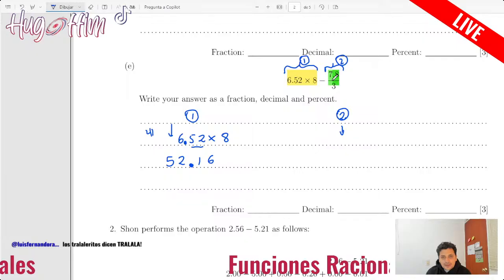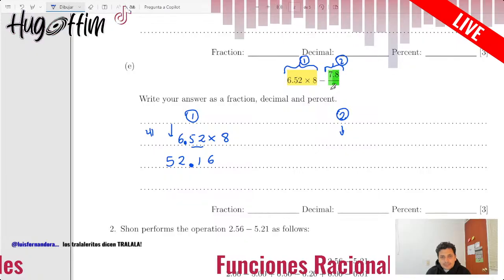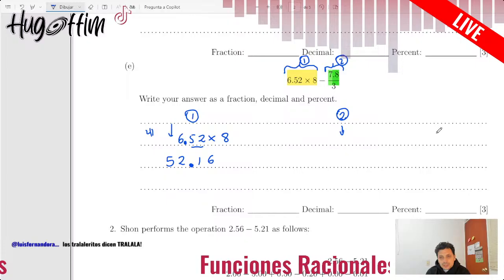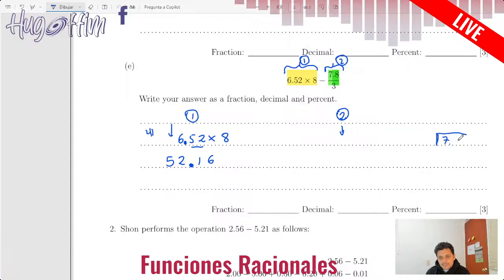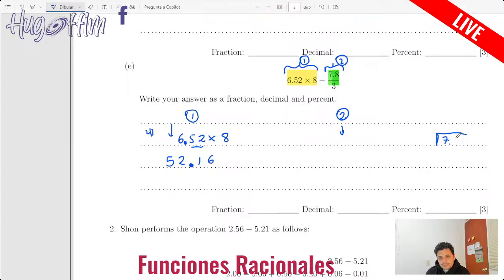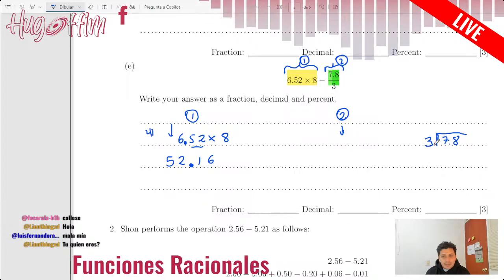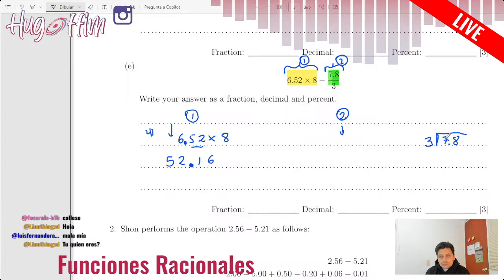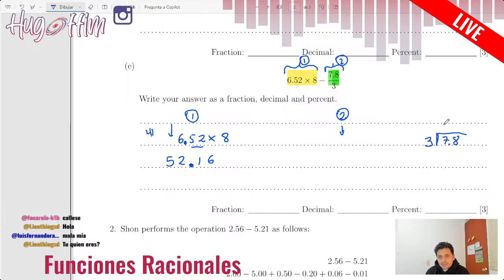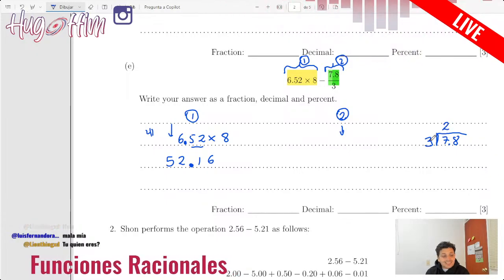And here I need to do 7.8 divided by 3. So I can apply long division if I want. Now I'm going to divide 7.8 by 3. 7 divided by 3 is going to be 2. 2 times 3, 6.